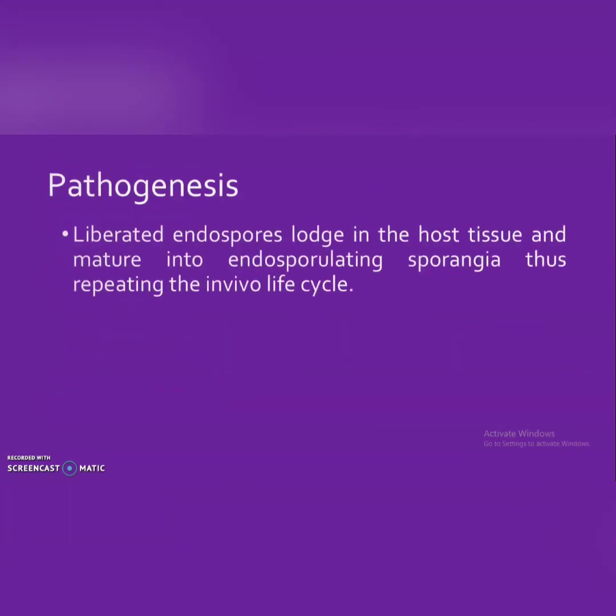Then coming to the pathogenesis, the endospores which are liberated into the atmosphere or the environment get lodged in the host tissue, and there they mature into endosporulating sporangia and thus repeat the life cycle inside the host.